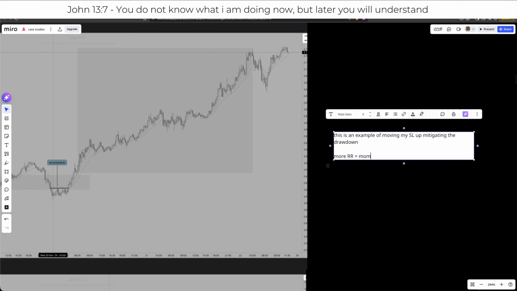So momentum candle, then we have the pause candle low, then we have the swing, and then we have the 20 EMA close.